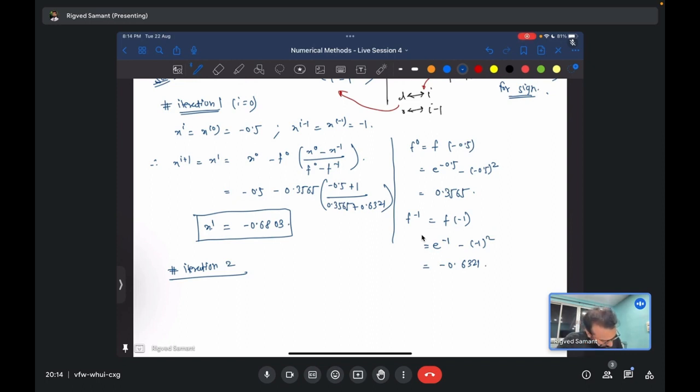So x of 1 would be minus 0.6803. This is nothing but x of i, right? And x of i minus 1, that will be x of 0.